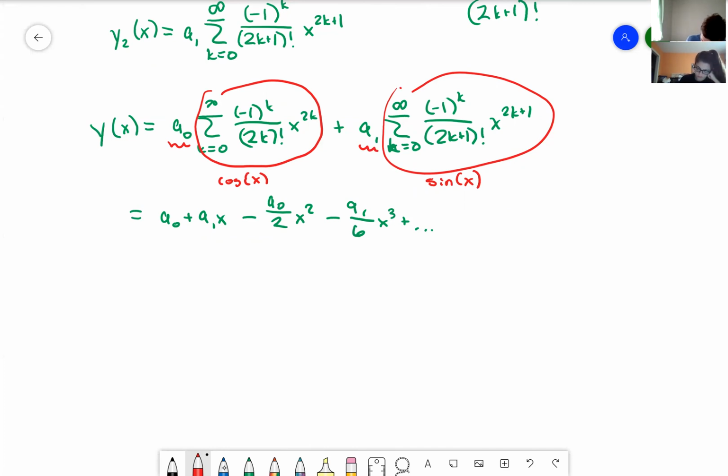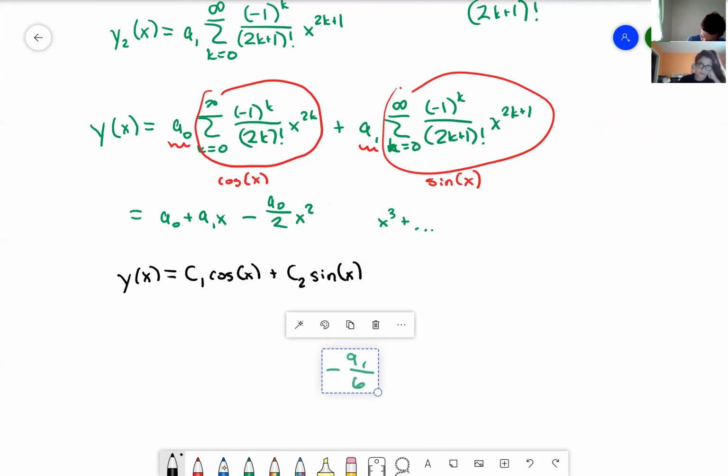So what we have is, of course, our general solution is c1 cosine of x plus c2 sine of x, exactly what we expected. I want to point out something that I didn't point out at the beginning, which was that because these are constants, our capital P of x in this case was just 1.